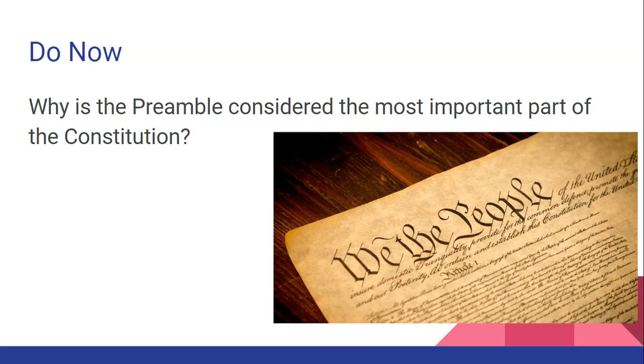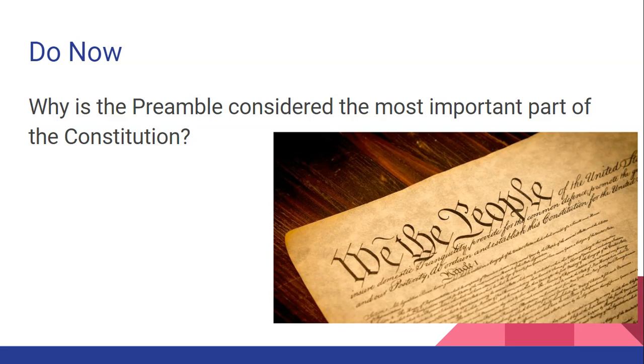They wanted the citizens to understand that the Articles of Confederation were no more and that the Constitution was the law of the land, and that they really thought about the citizens' best interest when developing this document, which is why they started it with "We the People."